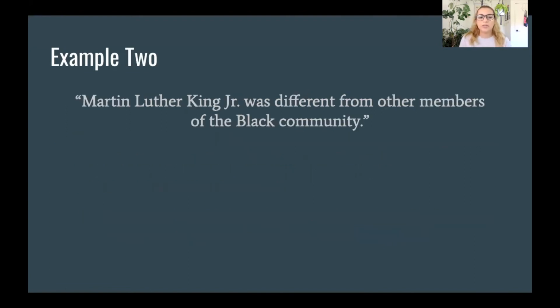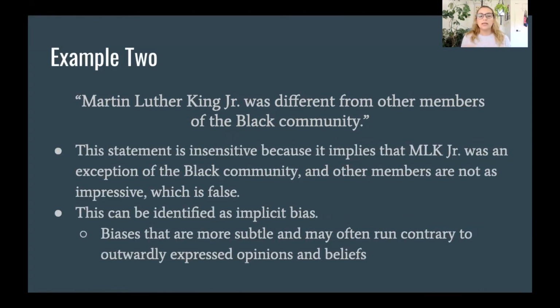Our next example states, "Martin Luther King Jr. was different from other members of the Black community." This statement is insensitive because it implies that MLK Jr. was an exception of the Black community and other members are not as impressive, which is false. We can identify this as an implicit bias, which is similar to explicit bias.